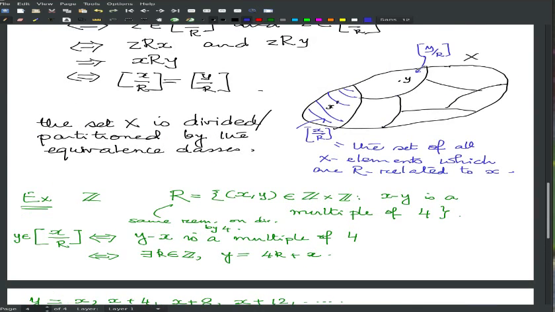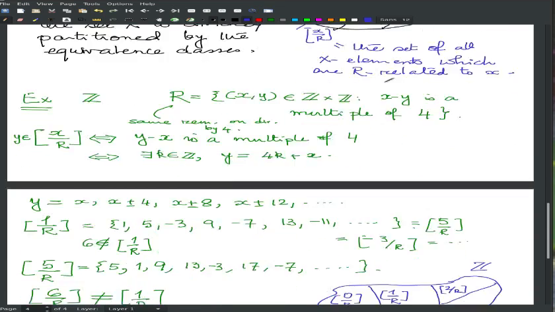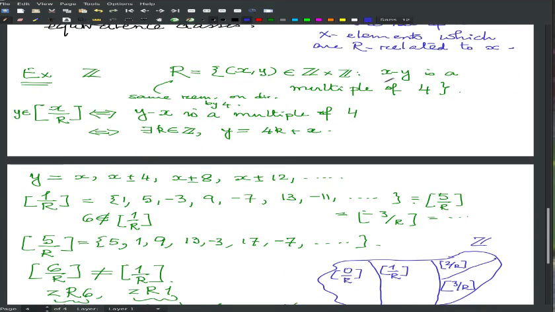So in general, this is the abstract formulation. See, division, same remainder, division by 4, there is nothing special about 4. Take any number k. It may be a prime, whatever.